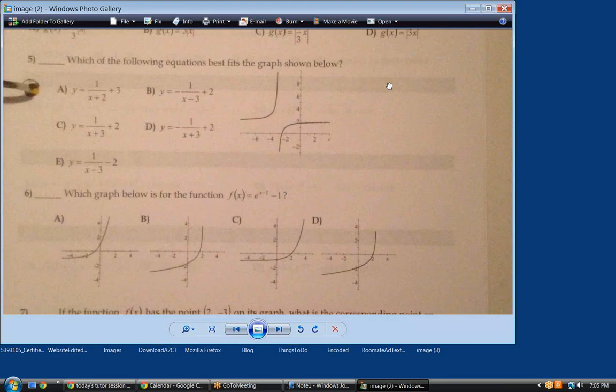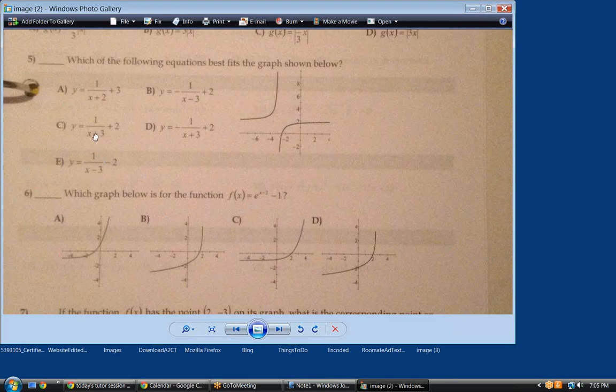So, let's look at the graph on 5. Can you see where there's a vertical asymptote? Yeah, it looks like there's one at -3. Okay. So it can't be A, and it can't be E, because this would have a vertical asymptote at 3.